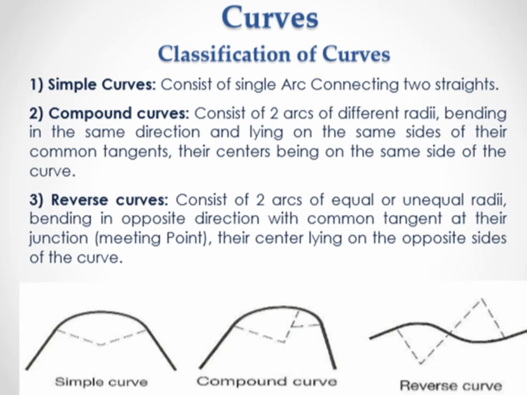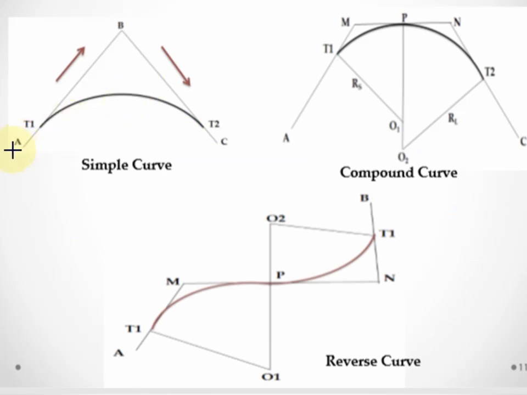When the single curve consists of a single arc with a constant radius connecting the two tangents, it is said to be a simple circular curve. In this, two tangents intersect at the point B, and it has only one radius.